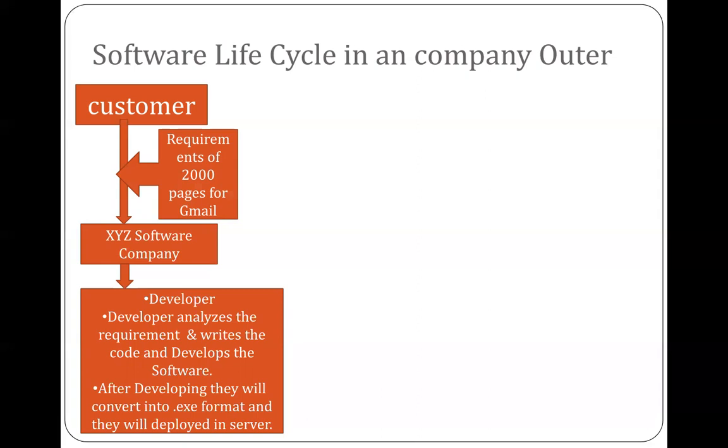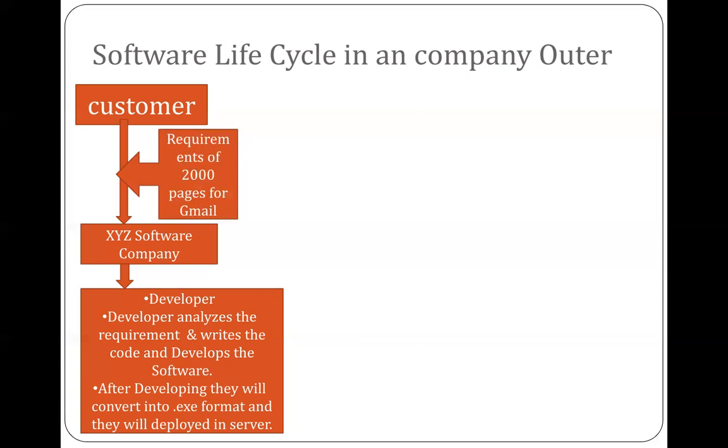Once they do it, they will decide whether to take up the project or not. Based on what cases? First, they will discuss the technology that they are going to use, whether they have the technology to develop that software. Next, whether they have a sufficient number of senior and junior test engineers to get involved in the project.